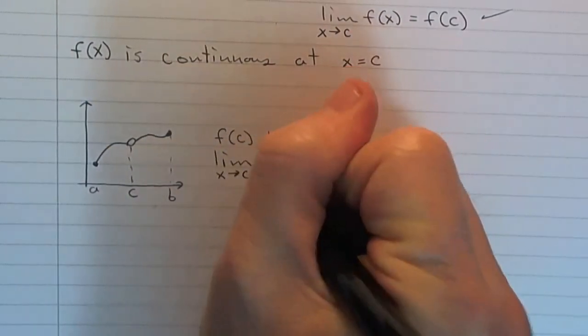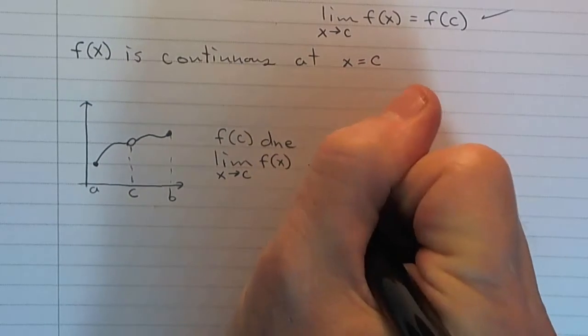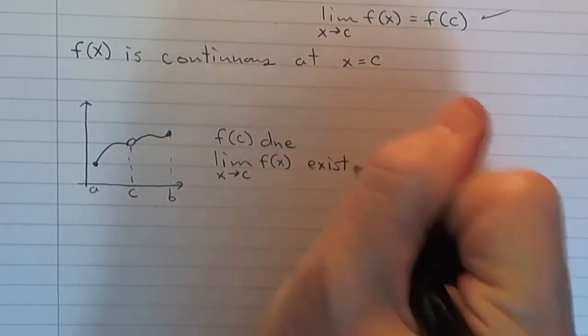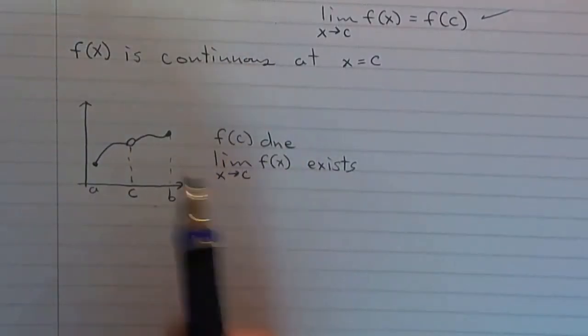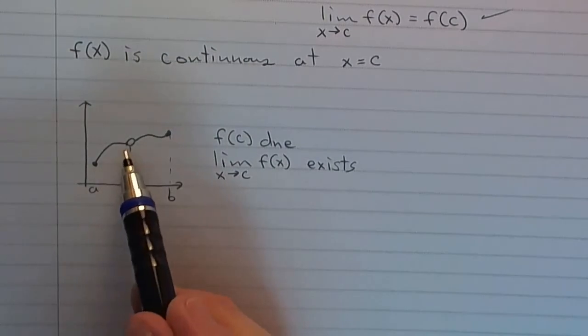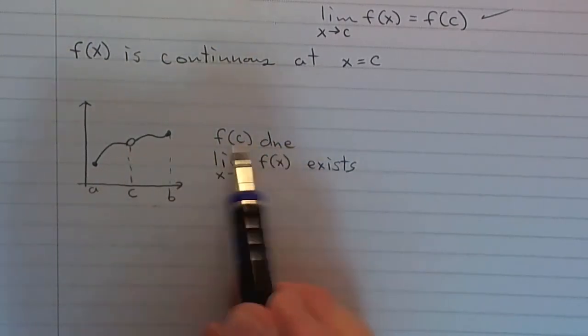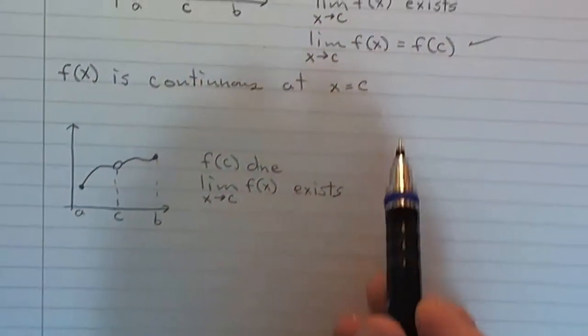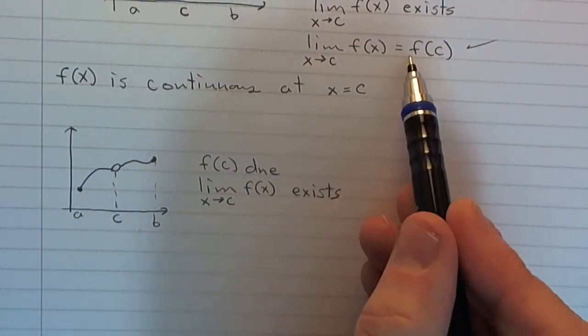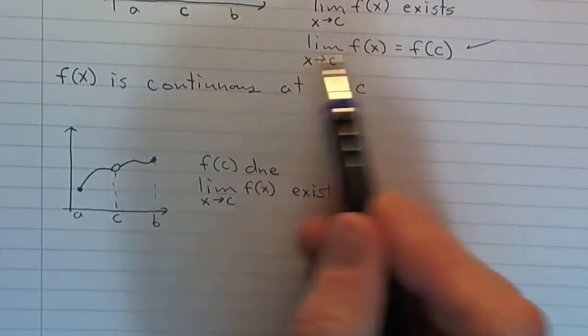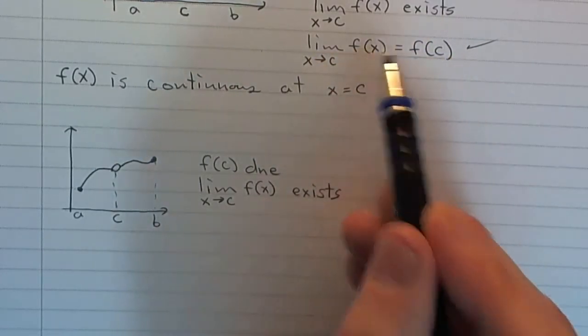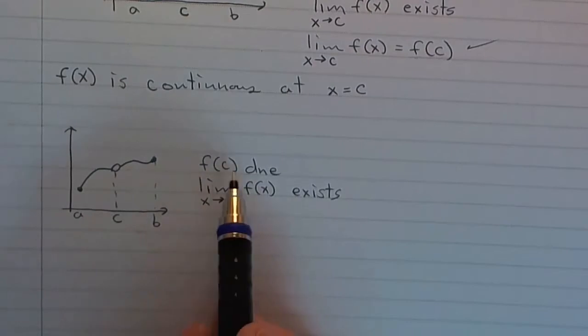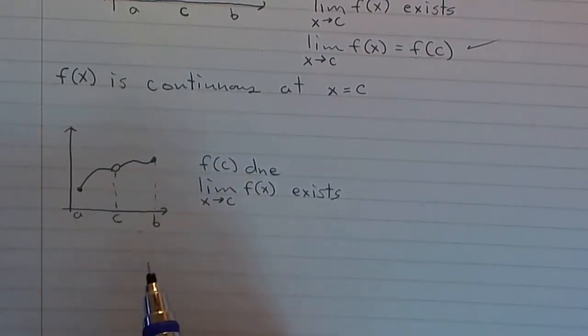So this is a situation where the function itself doesn't exist. The limit exists, but the function doesn't exist there. And notice what has to happen is the function has to exist and the limit has to exist. They have to be the same. So here's an example where you have a hole.